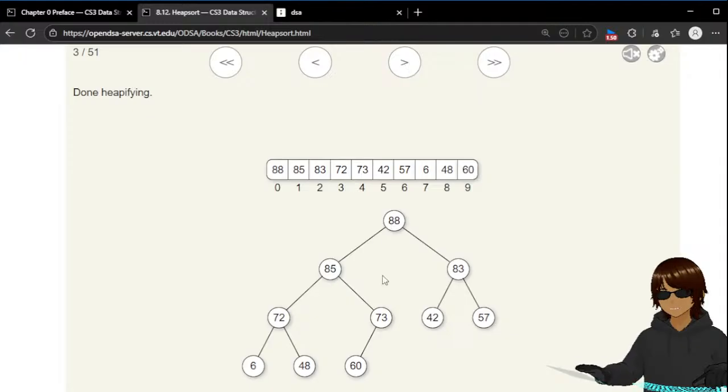Let's see. Oh, whoops, it's 85 actually.